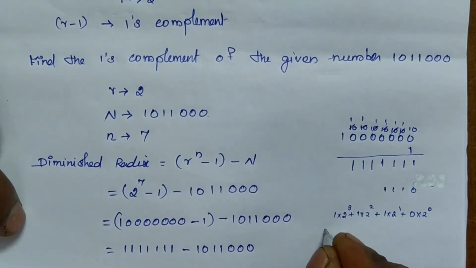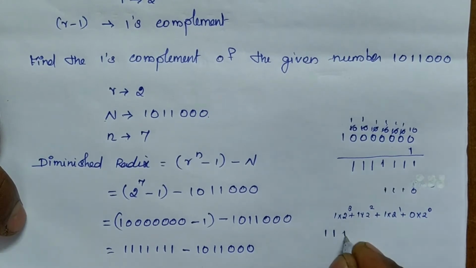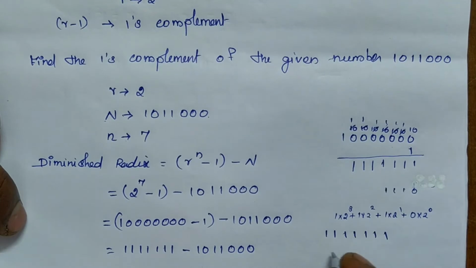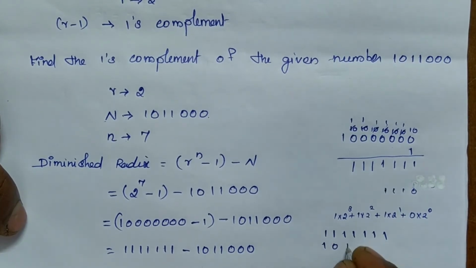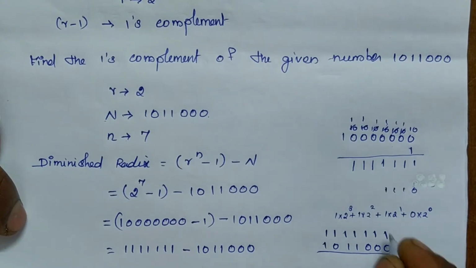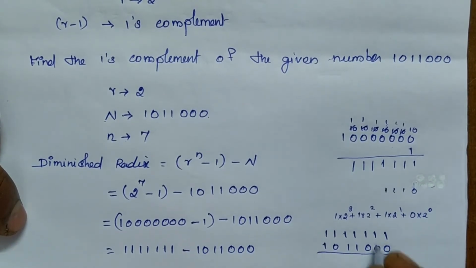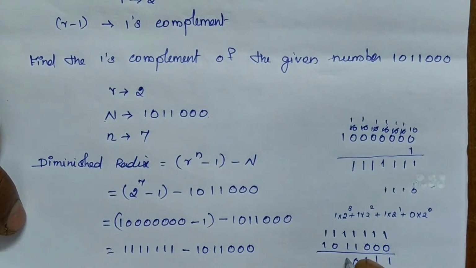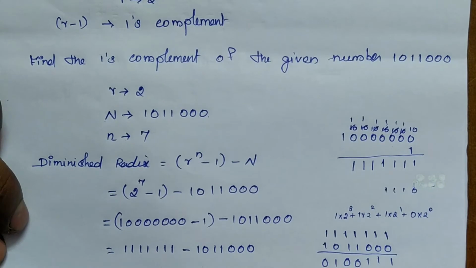So here 1 1 1 1 1 1 1 minus 1 0 1 1 0 0 0. If we subtract these values, here I will have 1, here also 1. 1 1 1 minus 1 0 1 minus 1 0, here 1, here we will have the value as 0.